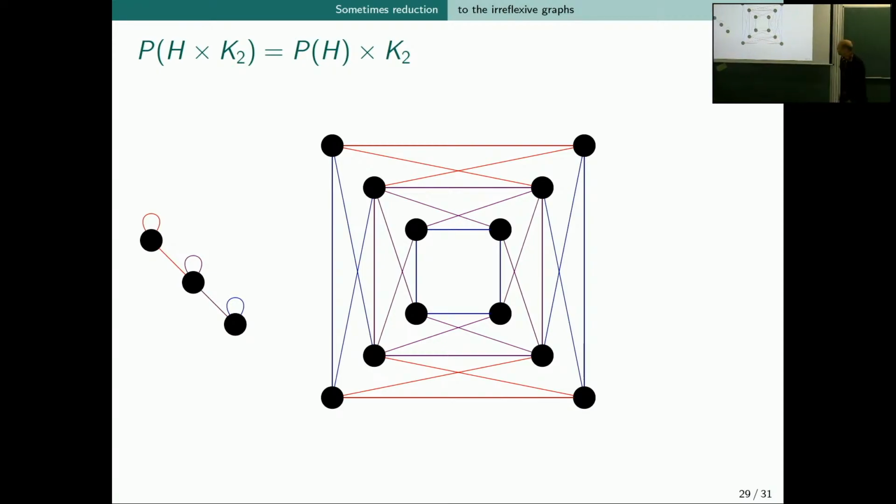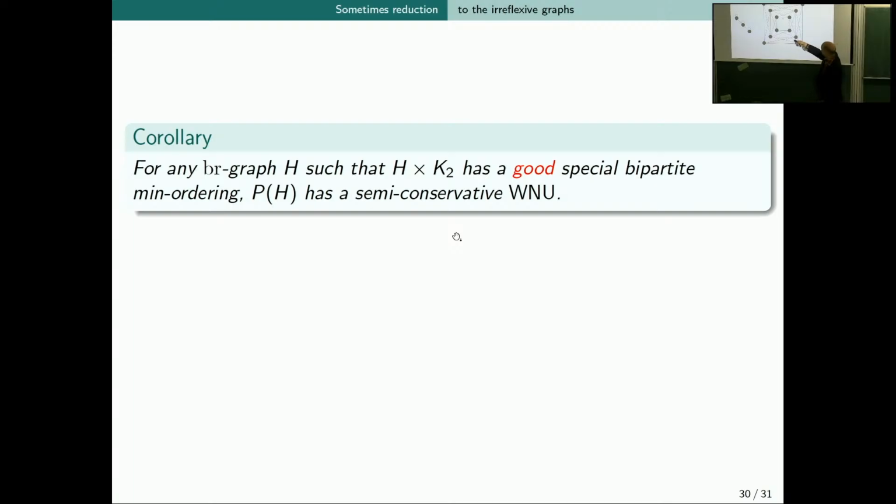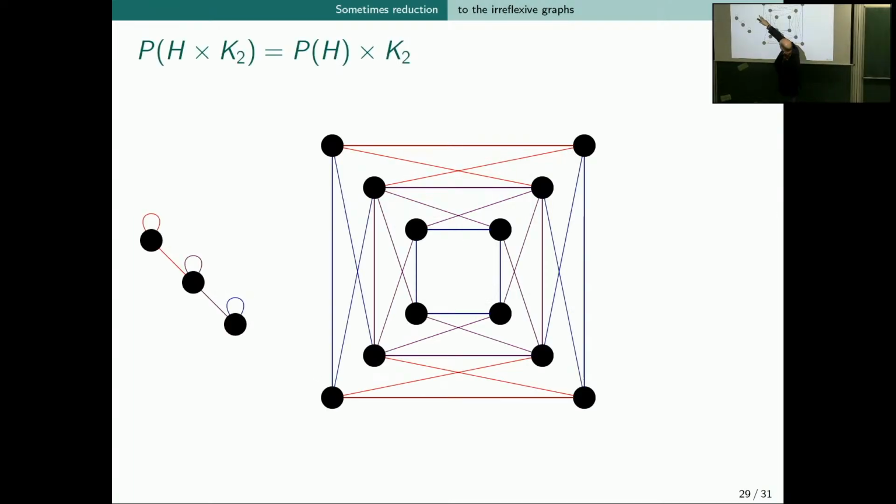So in the end, we get a switch WNU polymorphism on the whole switch graph of H times K2. Well, H times K2 is the same as the switch graph of H times K2. It's not too hard to show. And so then we have the nice polymorphism on here, and it's symmetric. And so it gives a WNU on the switch graph of H.